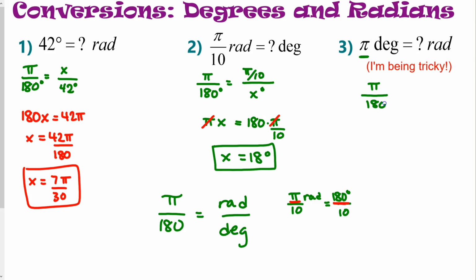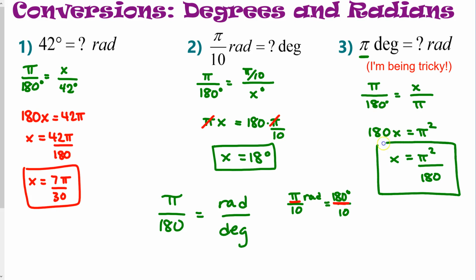Pi over 180 equals radians, we don't know, over degrees, pi. Cross multiply, 180x equals pi times pi, which is pi squared. Divide by 180, and x is pi squared over 180. Notice that I'm just leaving all of these exact. I'm not using 3.14, that's not the exact value of pi, and it doesn't say approximate, so if it doesn't say approximate, just leave everything exact.